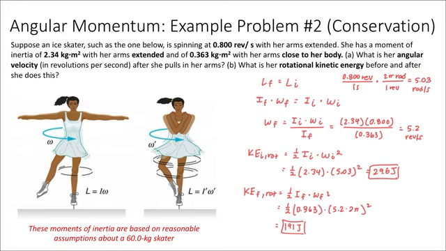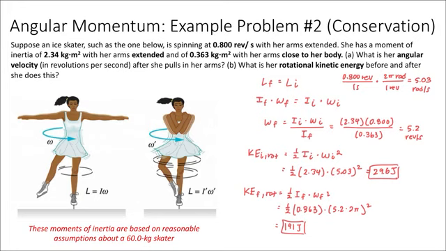So this is an example of not necessarily work being done if we consider the skater to be their own system, but a change in the internal energy of the system by decreasing a form of chemical potential energy in order to increase their rotational kinetic energy.